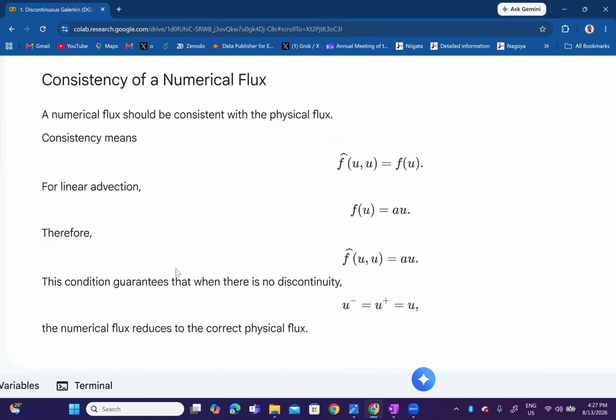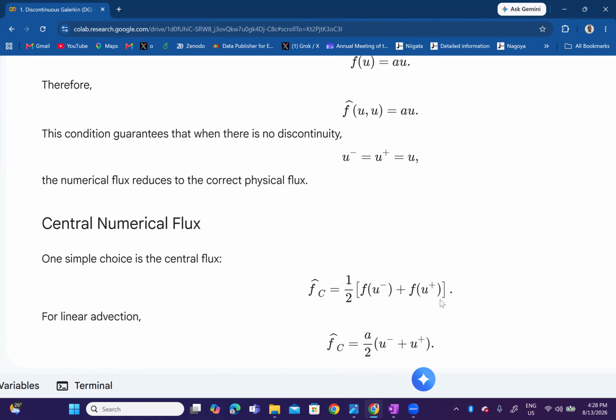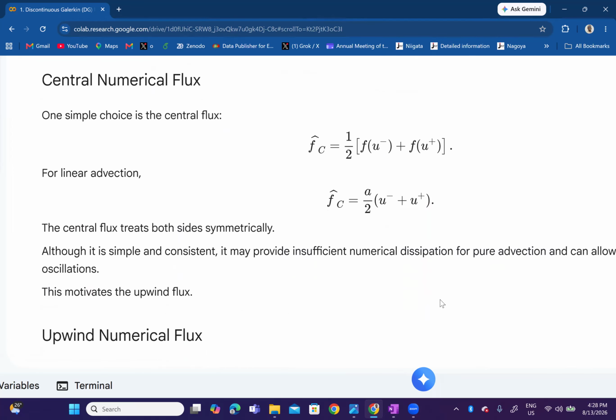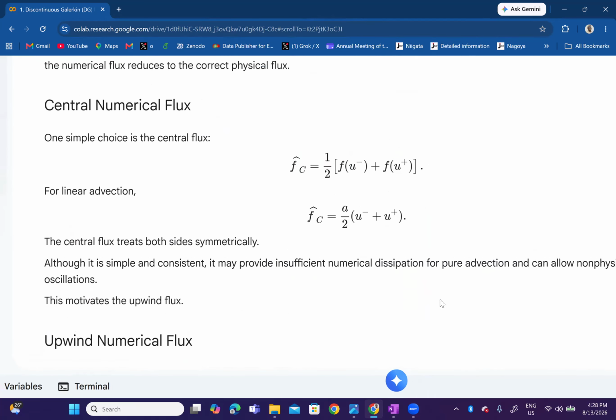This condition guarantees that when there's no discontinuity, the value from the left is equal to the value from the right, and that is equal to our u. So the numerical flux then reduces to the correct physical flux, which we see in the continuous sense of the finite element.